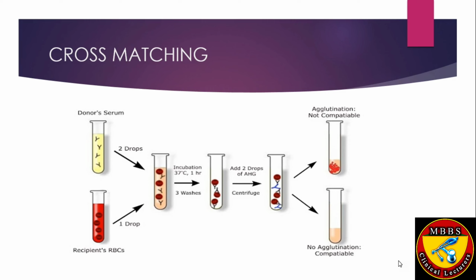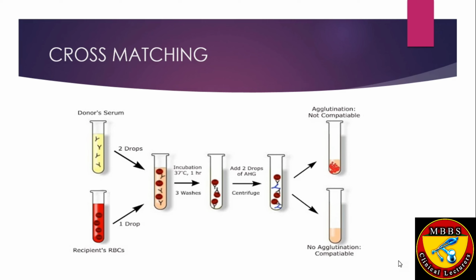So what will happen in the cross matching? We have to take out the donor serum, and then we have to take up the recipient's RBCs. Two drops from the donor serum and 1 drop from the recipient RBCs are incubated at 37 degrees centigrade for about 1 hour.